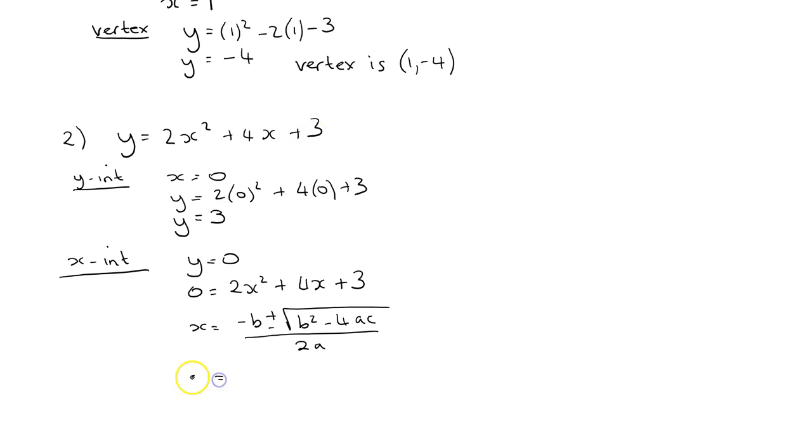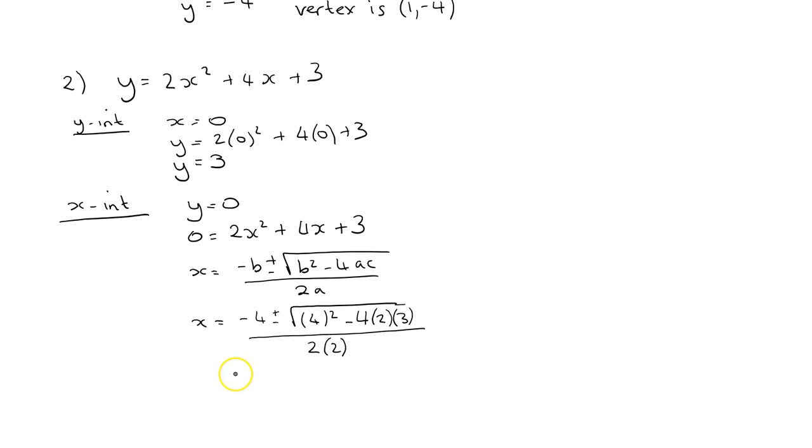So we can substitute those numbers in. b is 4, that's minus 4, plus or minus the square root of 4 squared, minus 4 times a, which is 2 up here, times c, which is our 3 here, all divided by 2 times a, which is 2.